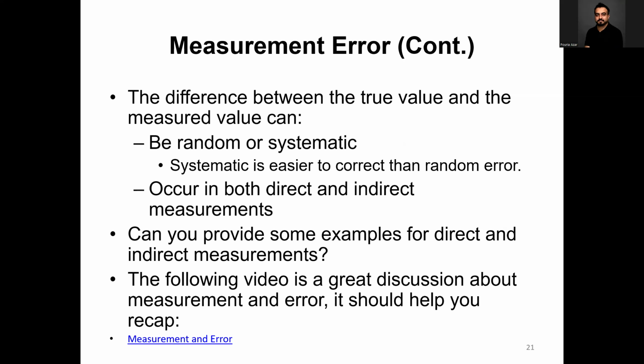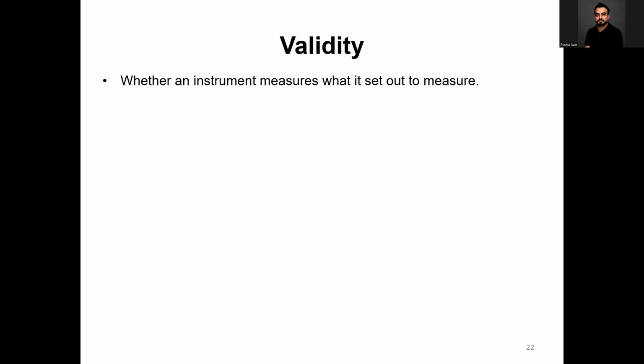We measure our VO2 divided by CO2, the other way, VCO2 divided by VO2. That's an indirect measurement of total energy expenditure. So there is always measurement error, whether it is direct or indirect measurement.